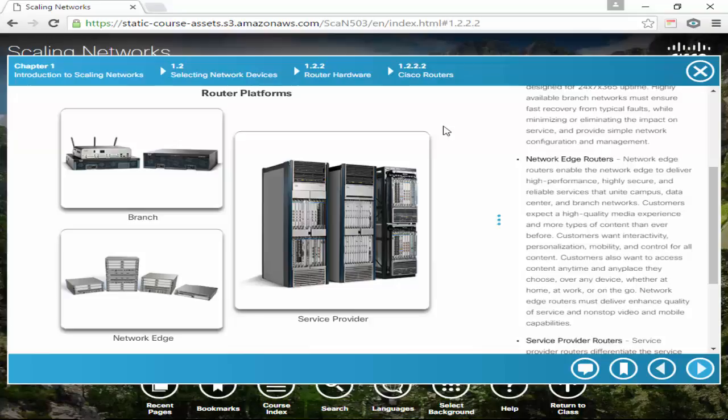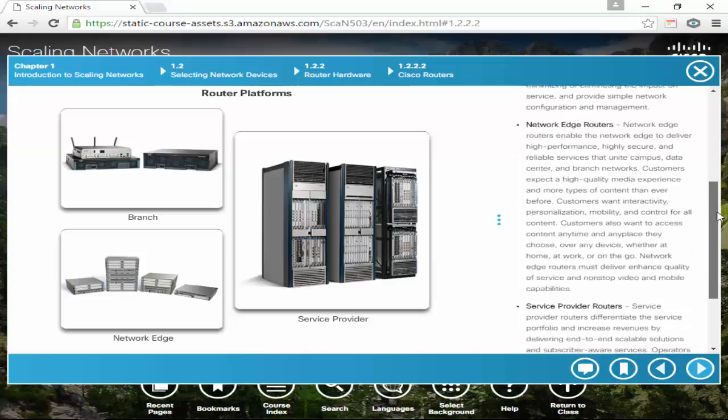They want interactivity, personalization, mobility, and control for all content. Customers also want to access content anytime and any place they choose, over any device, whether at home, at work, or on the go. Network edge routers must deliver enhanced quality of service and non-stop video and mobile capabilities. Man, customers want a lot from these network edge routers.